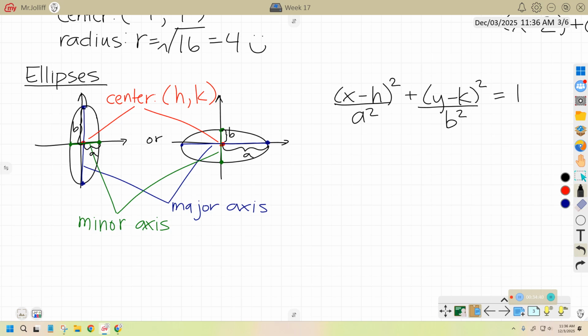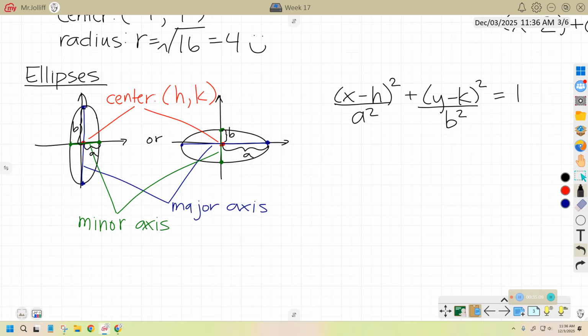A goes with x, B goes with y. B is looking at that half length for the vertical. A is looking at the half length for the horizontal. Good. And the letters are paired with the variables that their axis lies along. Yeah.